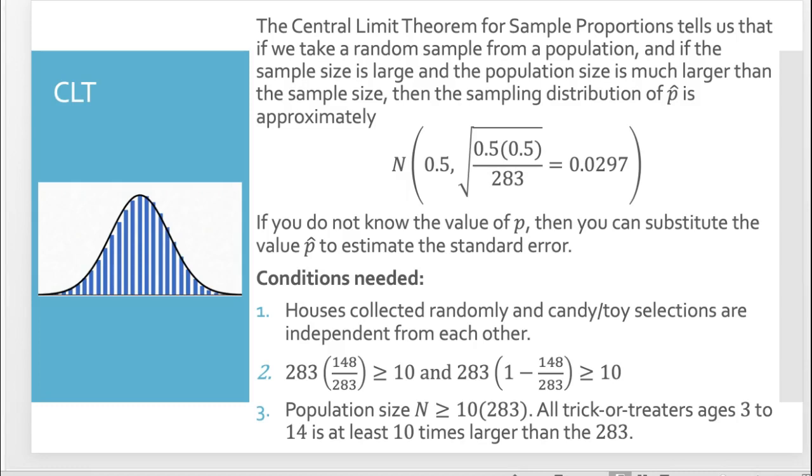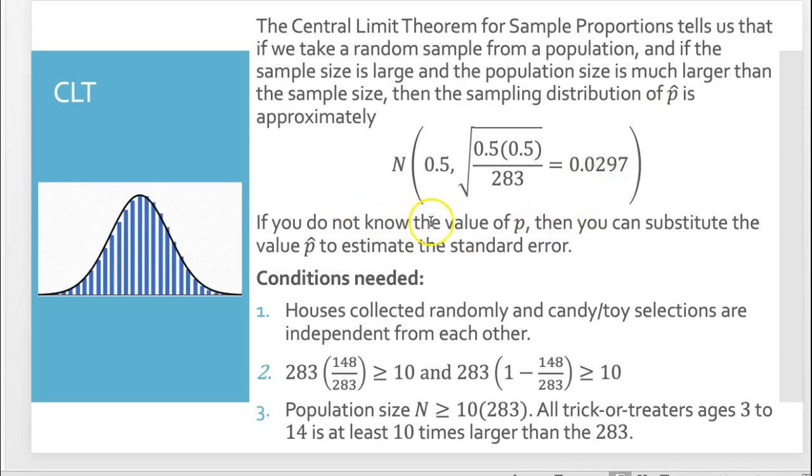We don't go into the theory of the central limit theorem, because obviously this is not a calculus-based course, but the theory backs us up, and it says that the sampling distribution of the sample proportion, p hat, is approximately normal, with center at 0.5 and standard error, or standard deviation, but they call it standard error because it's of the sampling distribution, of 0.0297, right?